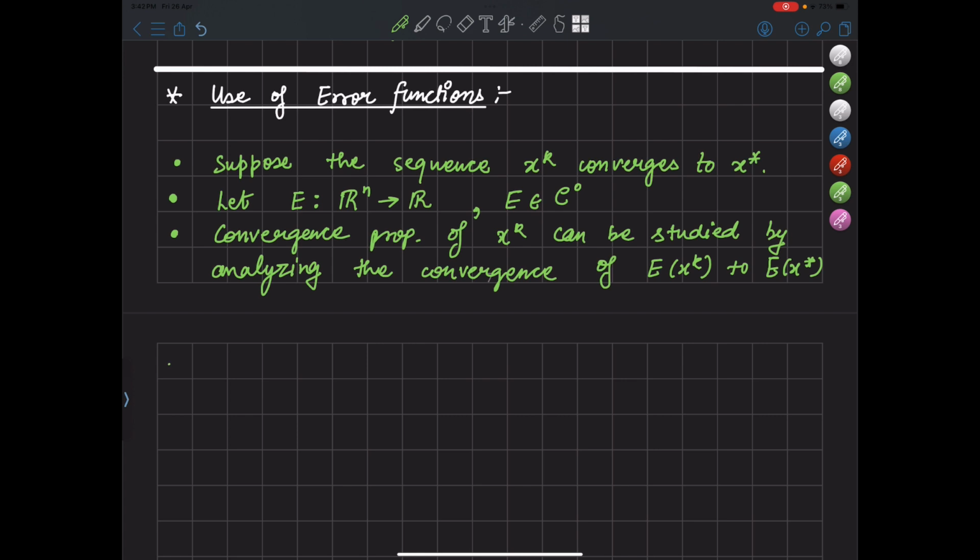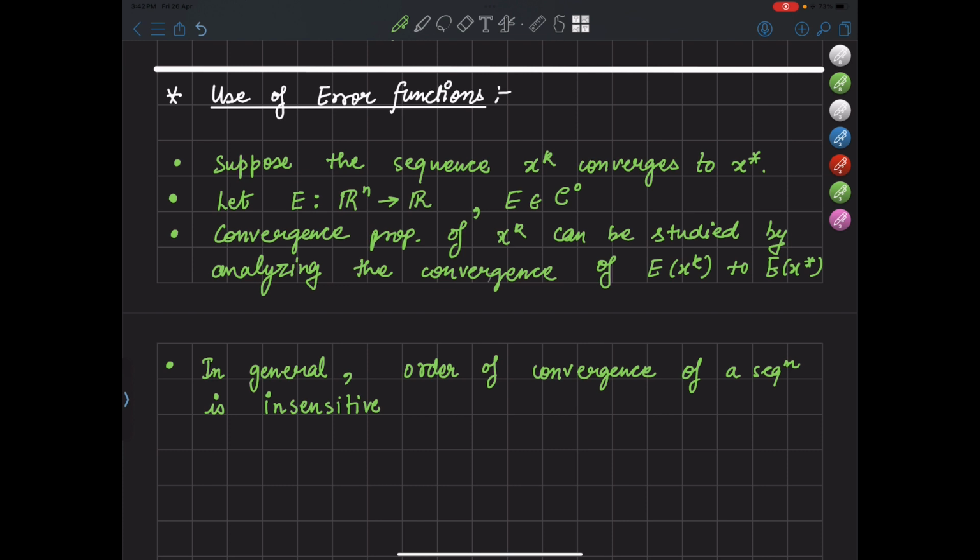And in general, the order of convergence, that is p, of a sequence, let's say of xk, is insensitive to the choice of an error function.